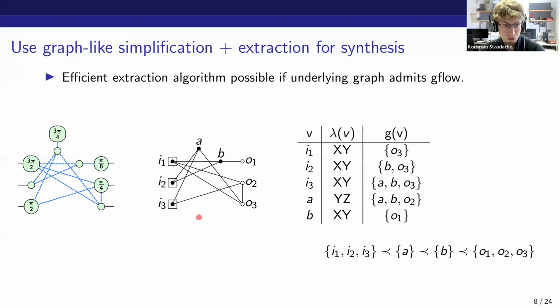And if we now find some order in which we can measure those individual qubits and correct unwanted measurement results on further measurements, if we have this order, like given here, we can extract the diagram as well.